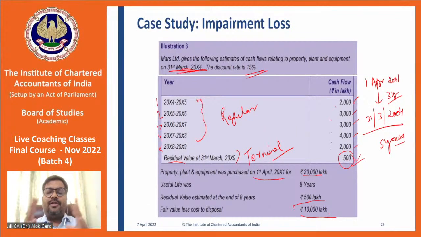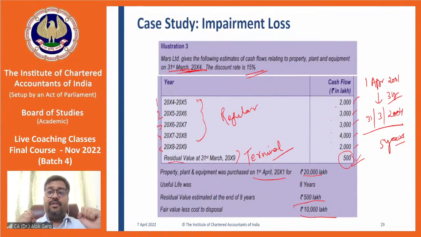So in this question, the discount rate is given and the cash flow is given, so we can arrive at a value in use on 31st March 2004. And when we compare value in use with fair value less cost to sell, we can arrive at a recoverable amount.